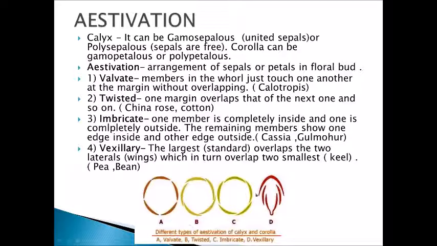It overlaps these two on the sides, which are called laterals, and these laterals in turn overlap the two small ones, called the keel. So this particular arrangement, one standard which overlaps the two laterals, which in turn overlap the keel, is called vexillary, and it is seen in the flowers of pea and bean.